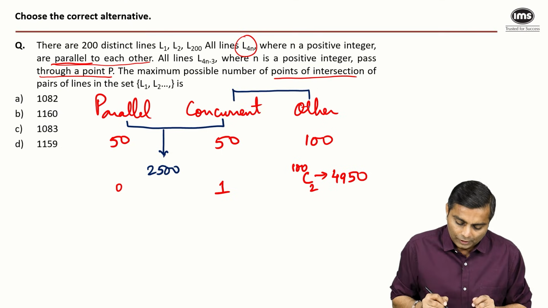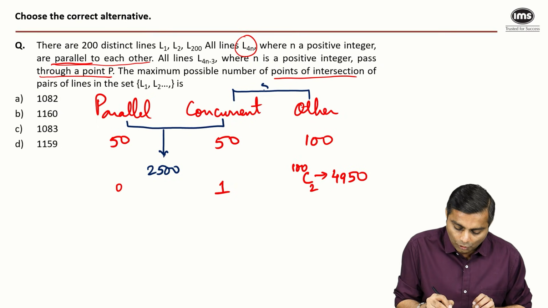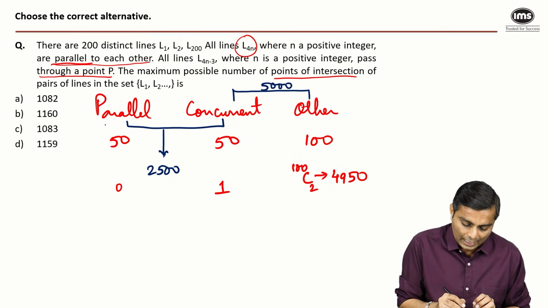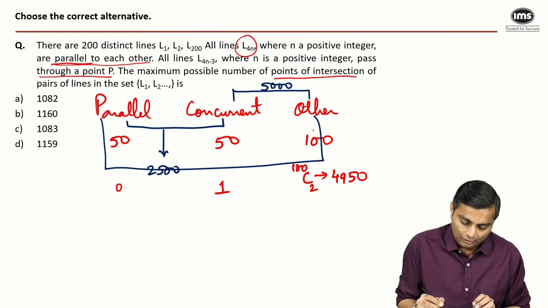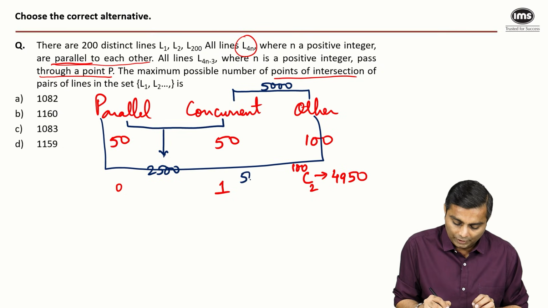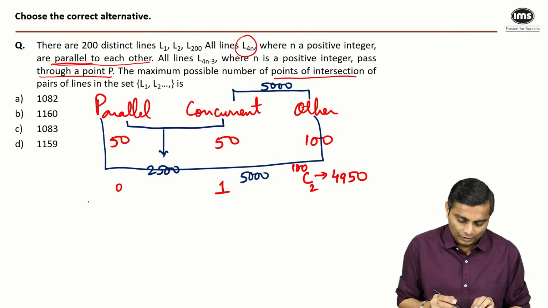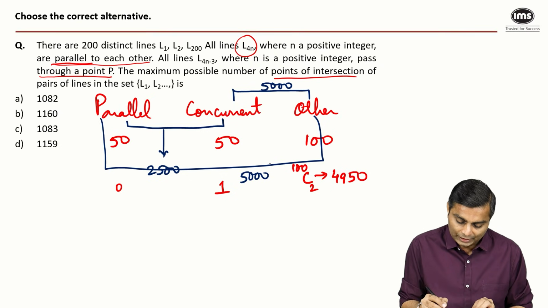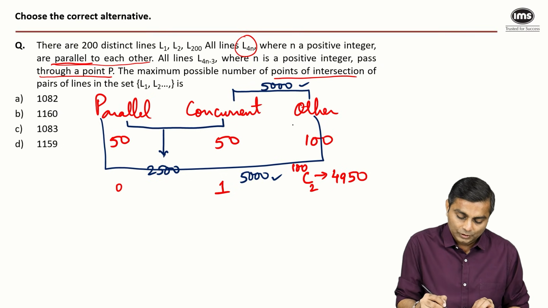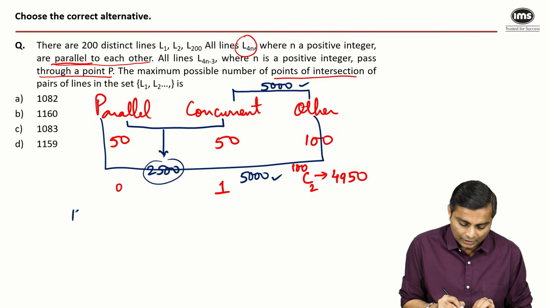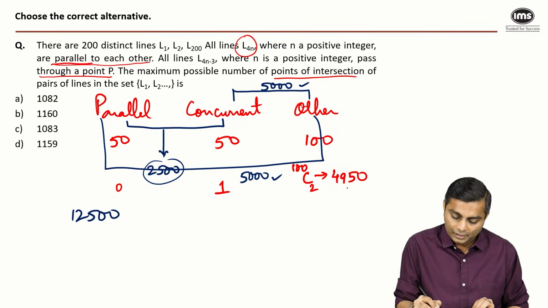Concurrent with other, 50 into 100, is going to contribute 5000 points, and parallel with other, 50 into 100, another 5000 points. That's about it. We just have to total. 5000 and 5000 is 10,000, and 2500 makes 12,500.